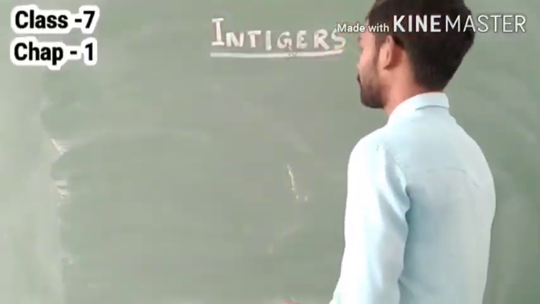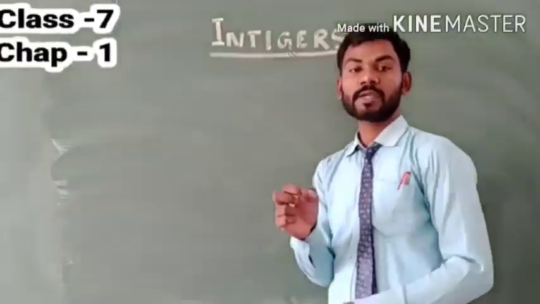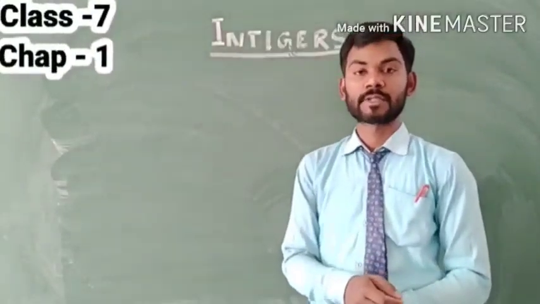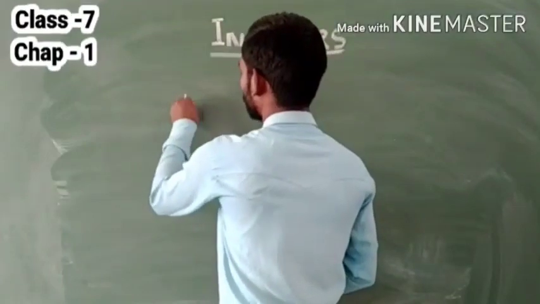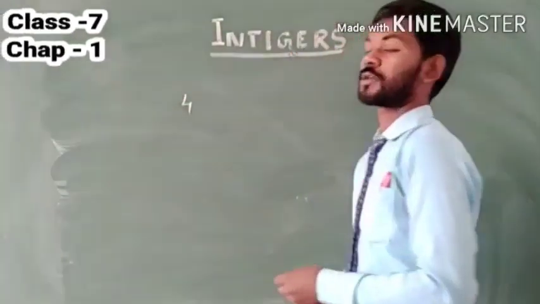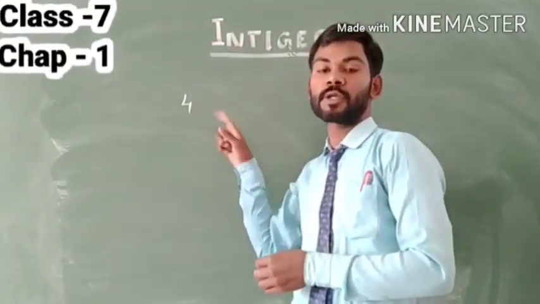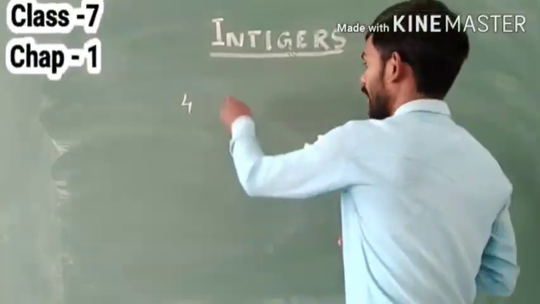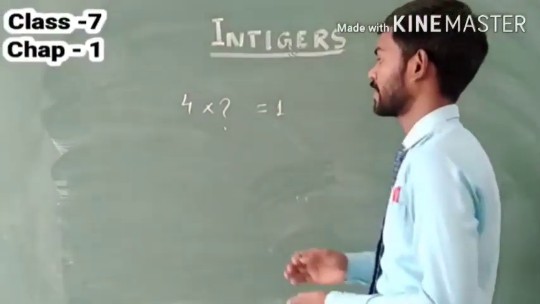As I told you in the previous class, we have the multiplicative inverse and the additive inverse. If we have a number, suppose 4, then the question arises: which number should we multiply by 4 in order to get the value 1?